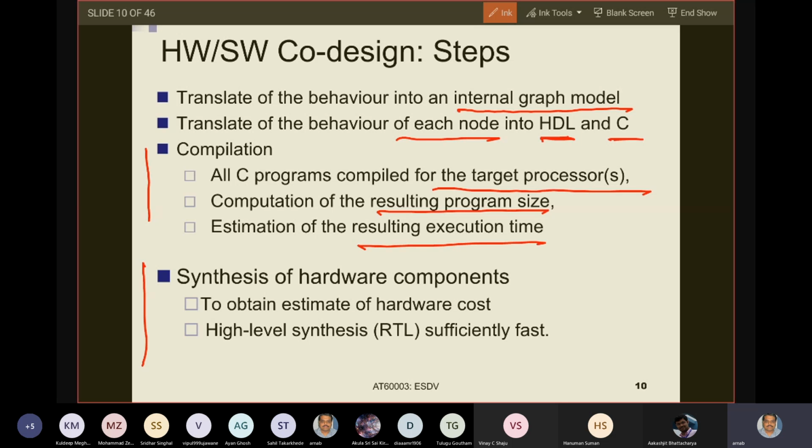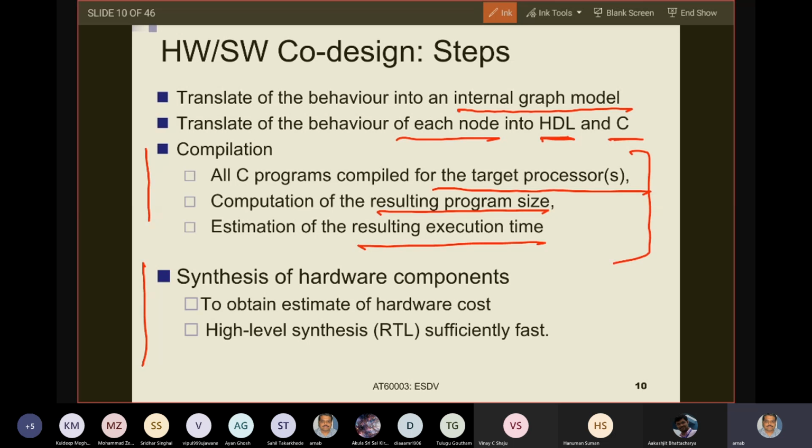And for all the hardware description language codes, for the same task, remember you are generating both the C program and the hardware description language, because you want to get an estimate of both the hardware cost and the software cost for each node. So you have got an estimate of the software execution cost for each task node through this compilation process.